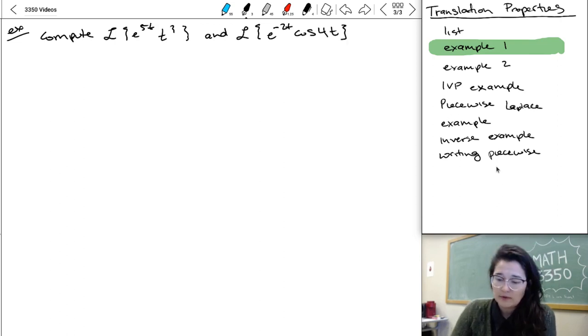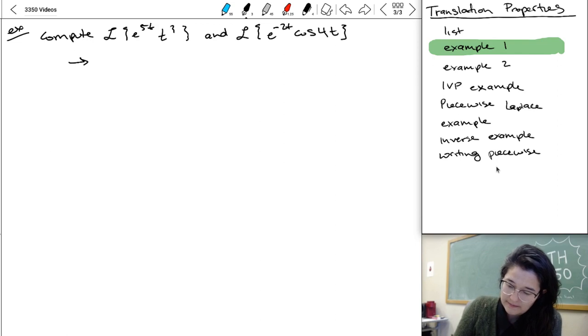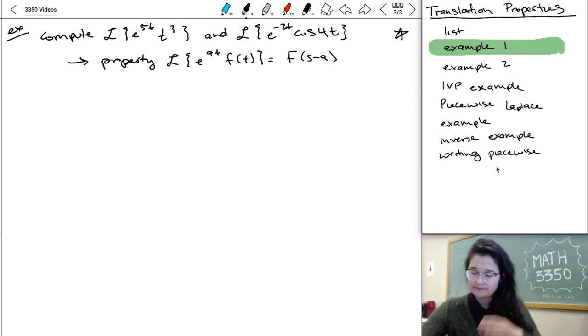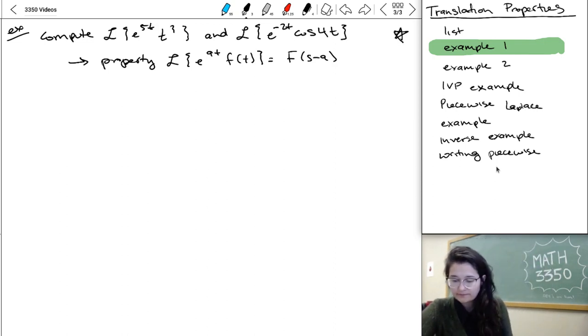These are going to be examples that use the property that says L of e to the at times f of t is equal to capital F of s minus a. And this one is our participation problem.